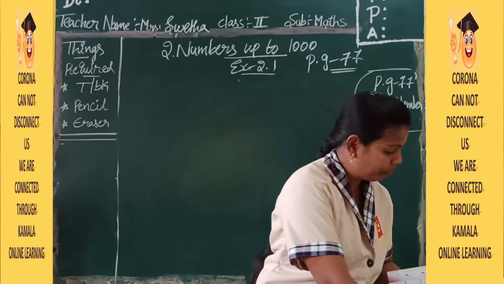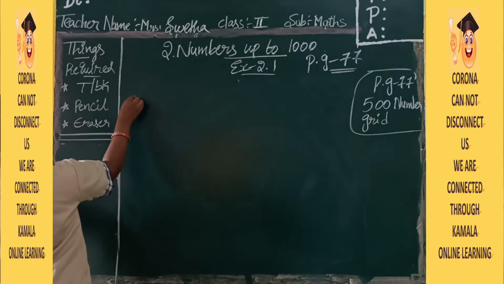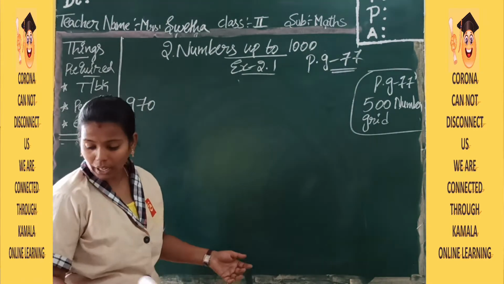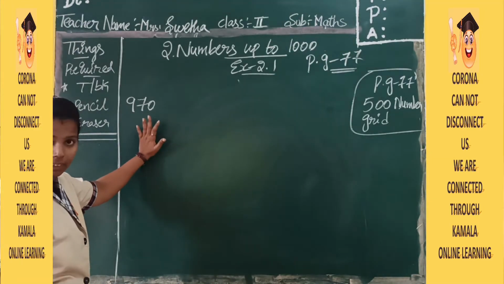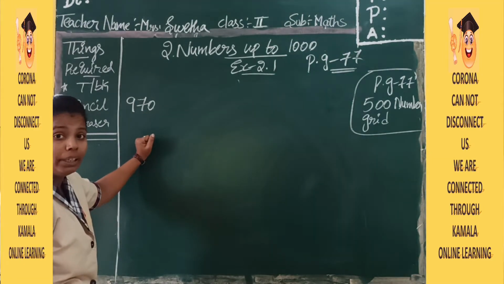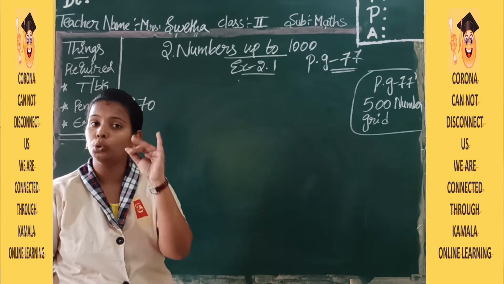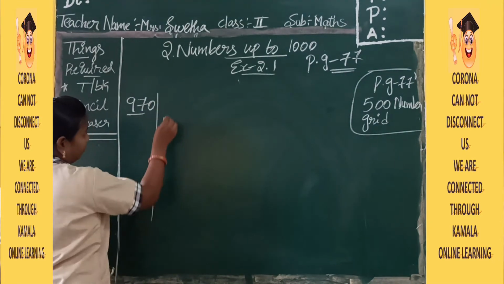See, I will explain. Here you have 970. In 970, what will be the common number? I said already, if you have 3 digits, you have to take 2 digits as your common number.